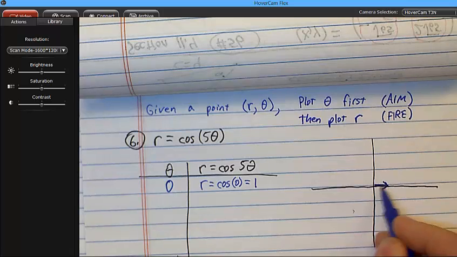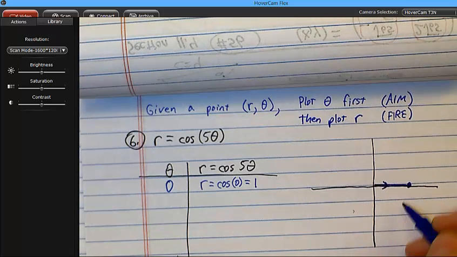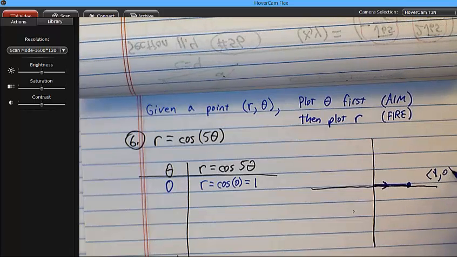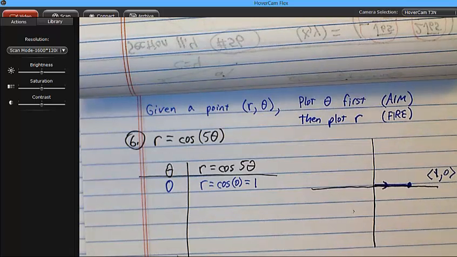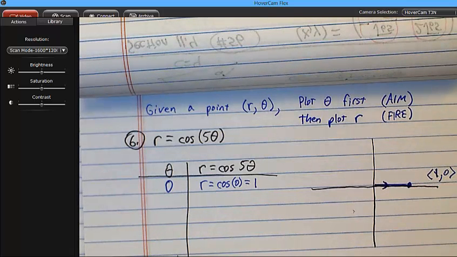And so how far out do I want to go? Well, I want to go out to a distance of 1. So if I gave you the xy coordinates, they'd be 1 comma 0, right? I'll put them in little brackets like this so you could tell them apart. So that's 1 comma 0. But r here is 1 and theta is 0.